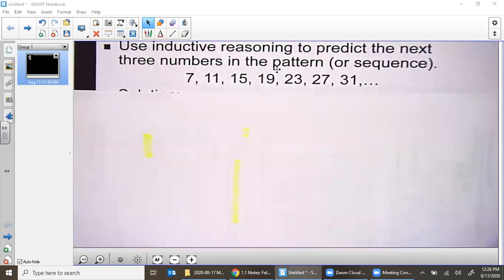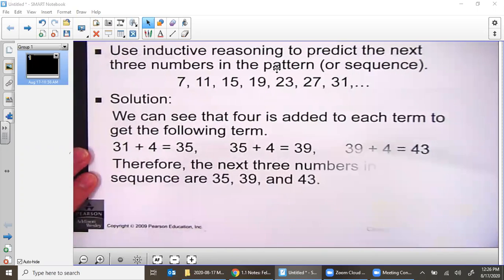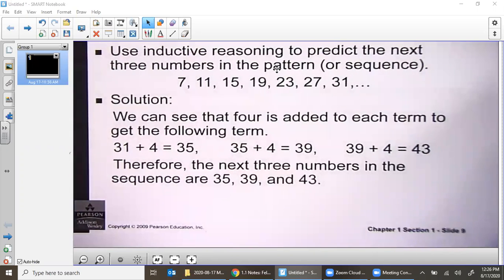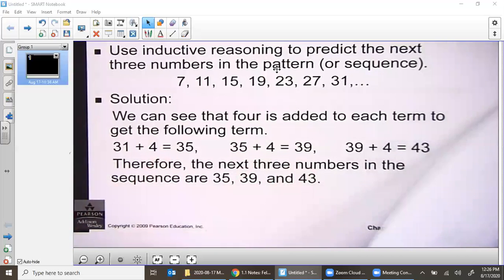You guys have done stuff like this your whole life. You probably just didn't know it was called inductive reasoning. And in the notes, I always give you guys the answers too, so if you can't figure it out, I showed you each time that you're adding by 4 every time.